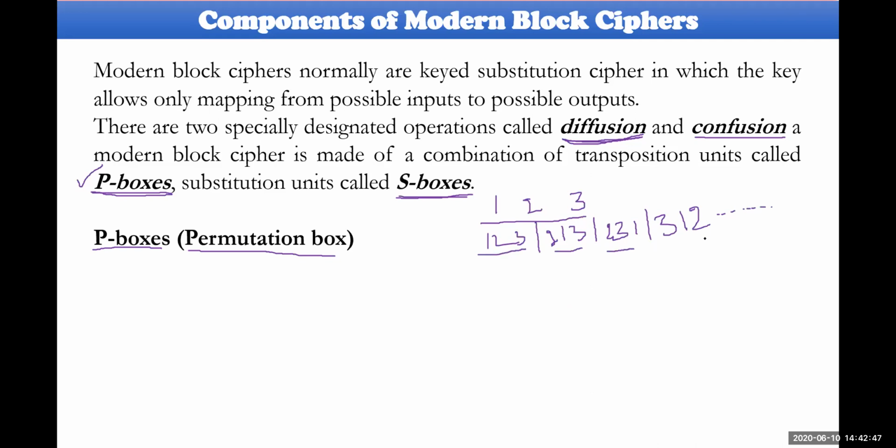Within this, how many permutations will be prepared if the number of inputs is equal to n? In the sense, n factorial permutations and combinations will be prepared by you. The same concept can be used in P boxes also. So let me reiterate the same thing here.